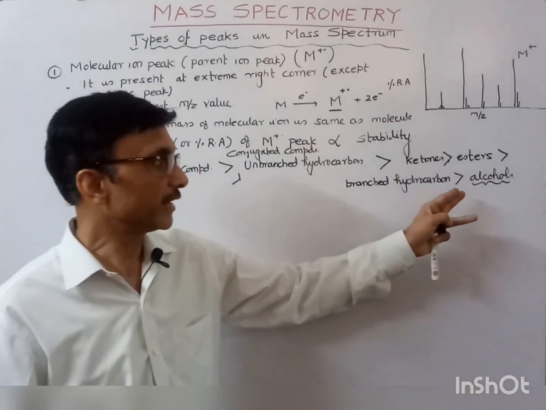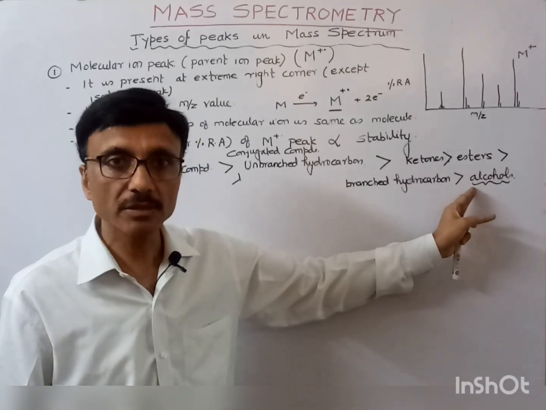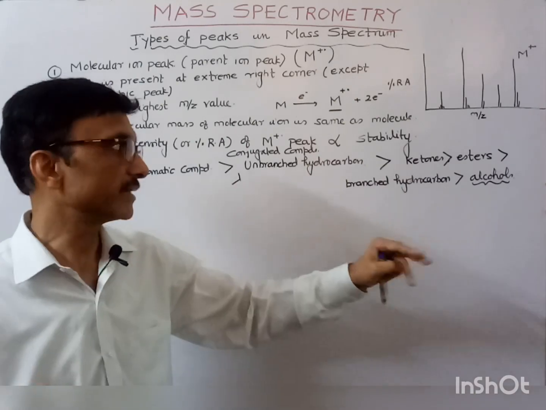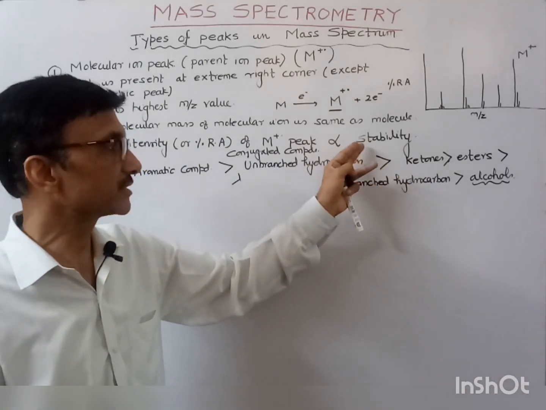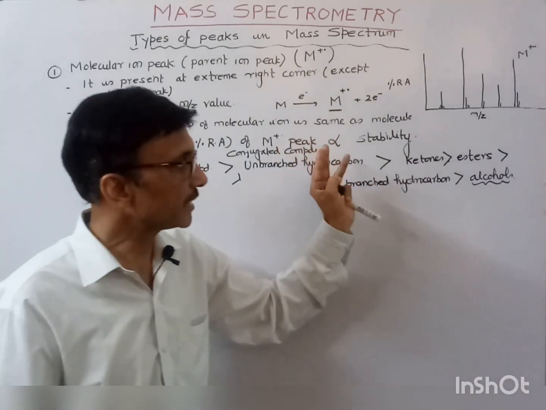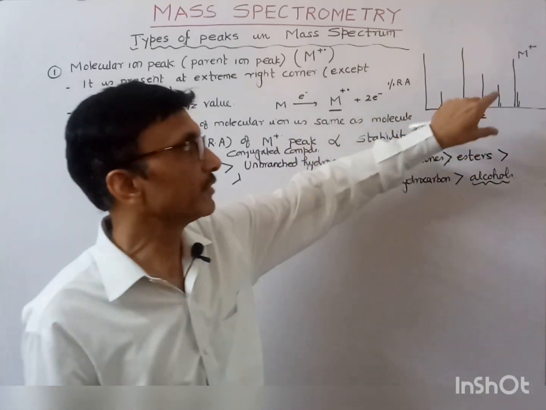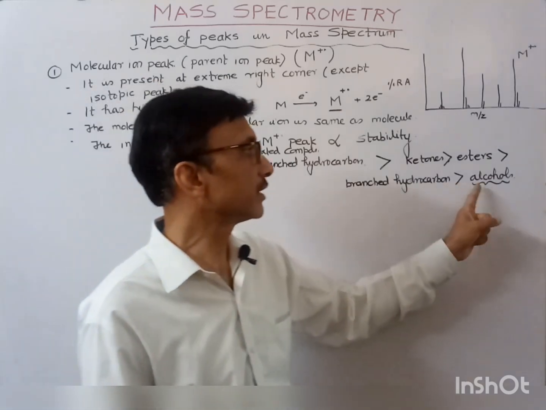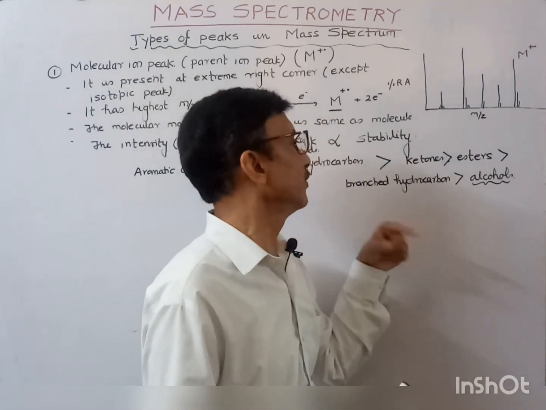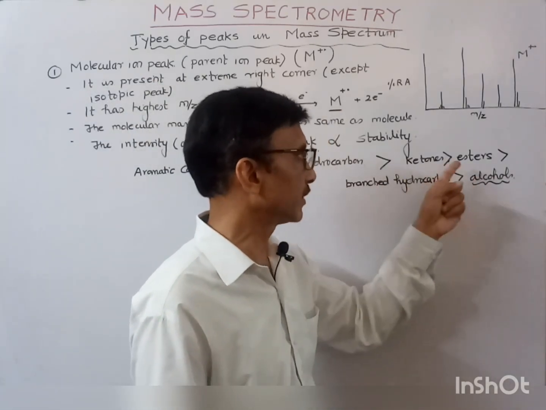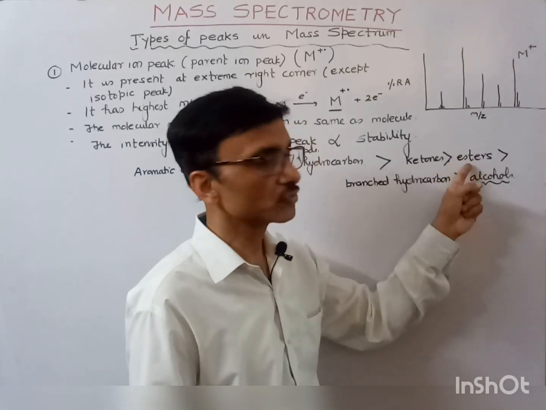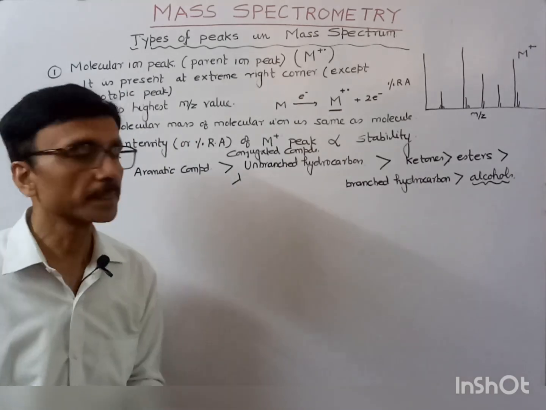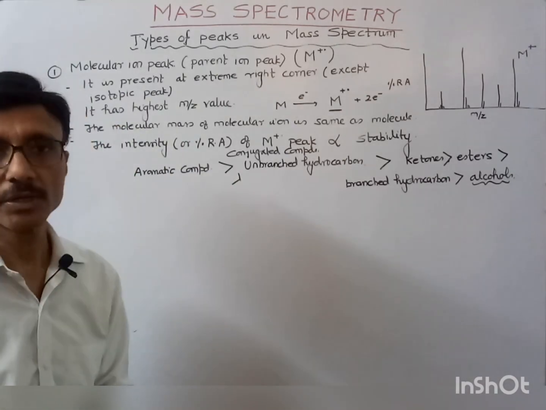So the molecular ion of alcohol will undergo fragmentation very easily, and that is why it is less stable, and as it is less stable, it will not show an intense molecular ion peak. So a very weak molecular ion peak due to this. So this is very weak, then this is weak, and this is intense, and so on. So this is about the molecular ion peak.